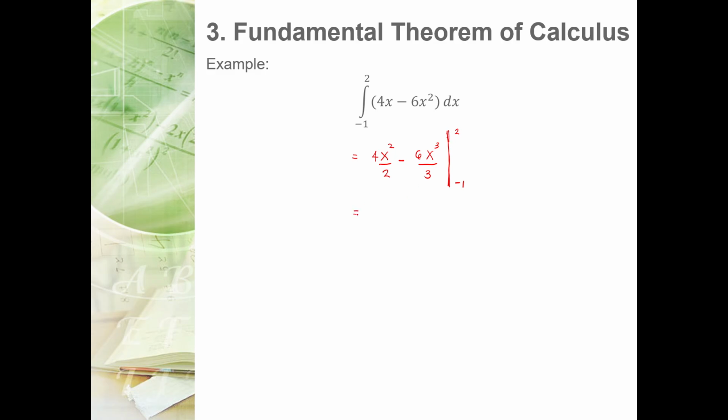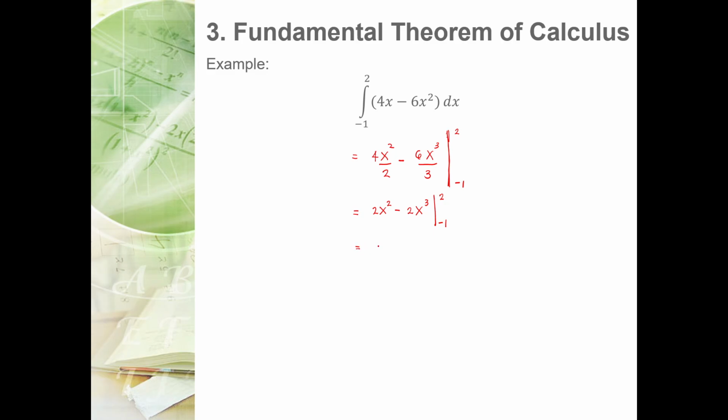So simplifying your equation, this becomes 2x squared, okay, minus 2x cubed. So 4 divided by 2 is 2, then 6 divided by 3 is 2. So x squared, x cubed.